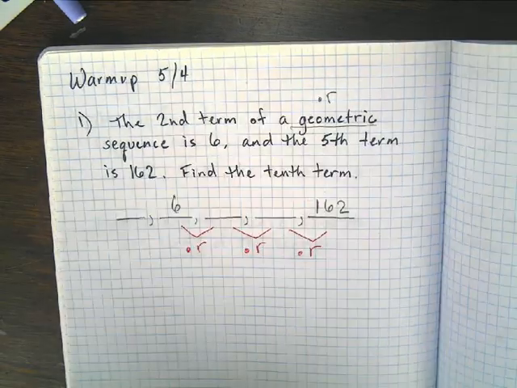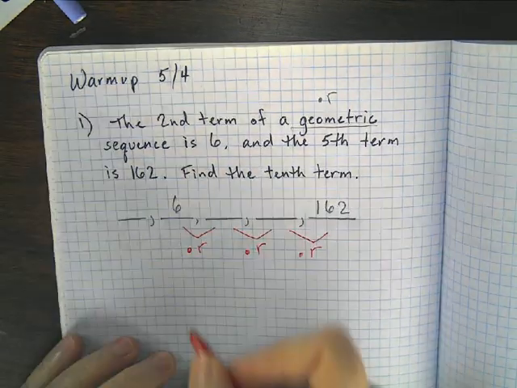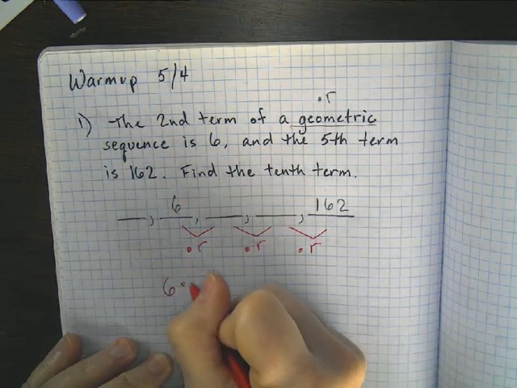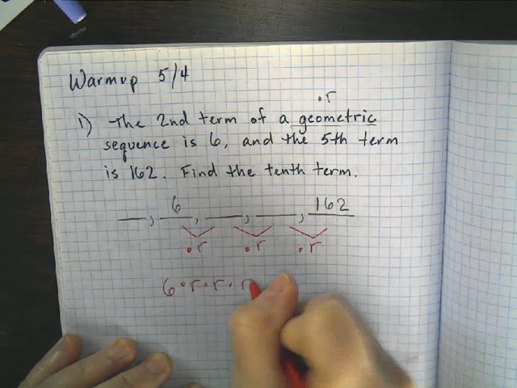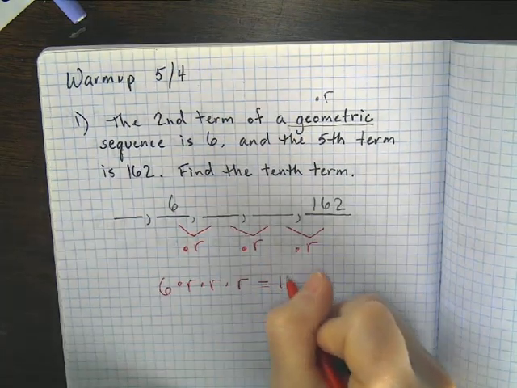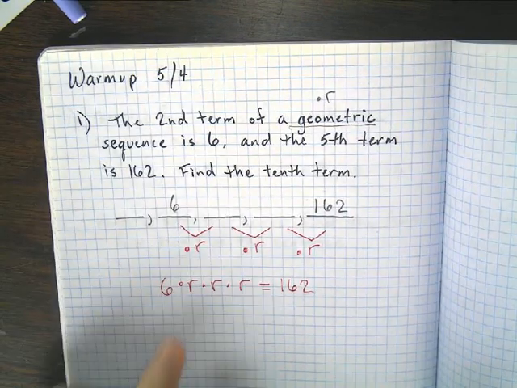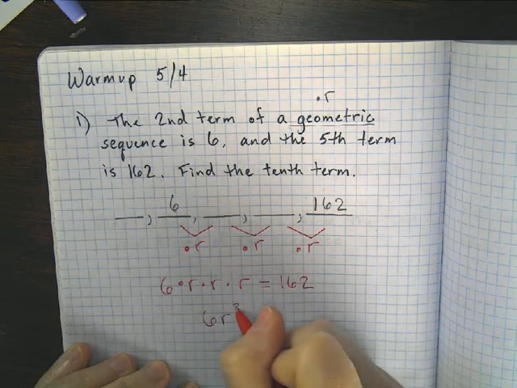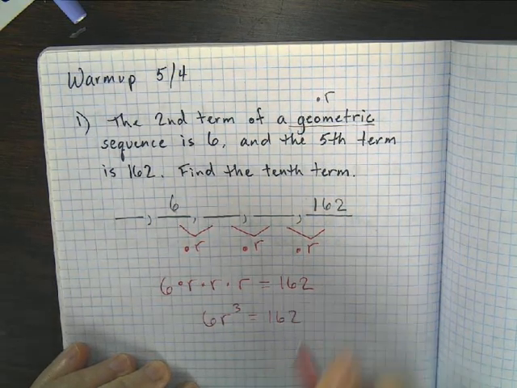So I can set myself up with an equation. I know that if I do 6 times r times r times r, I'm going to get 162. So therefore, 6 times r cubed is equal to 162, and now I can just solve for r.